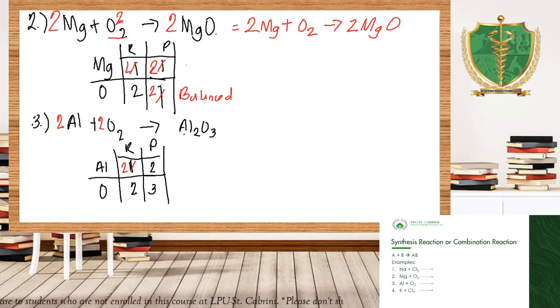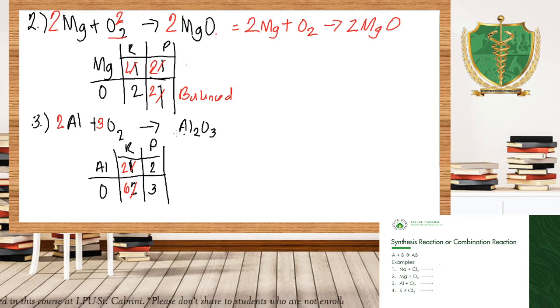So meaning to say, we have to disregard 2. So what will be the coefficient for oxygen? So let's make it 3. Okay, because 3 times 2 becomes 6.